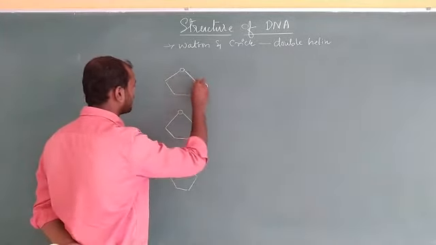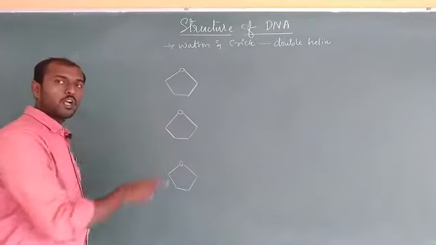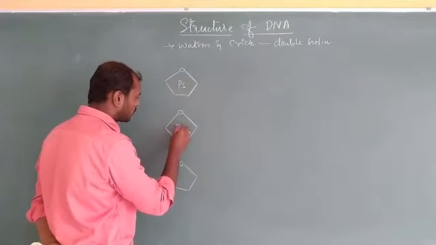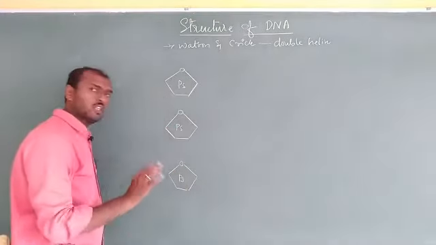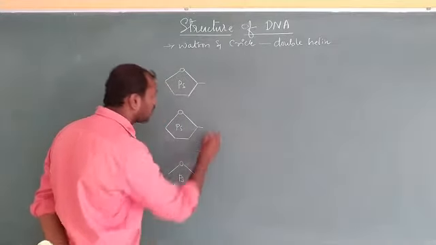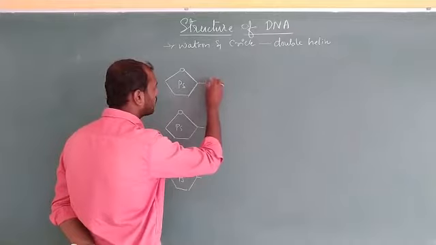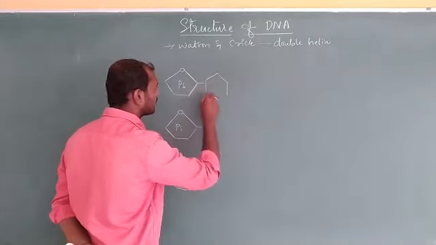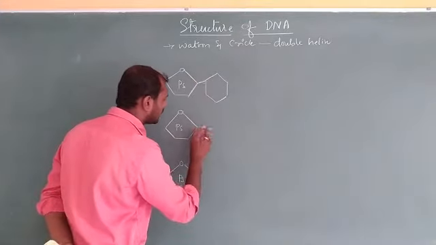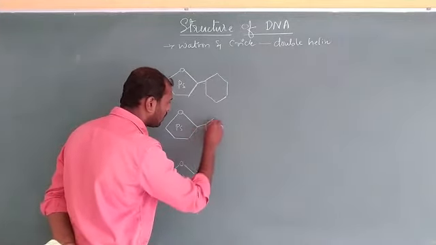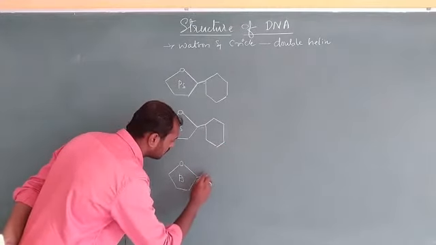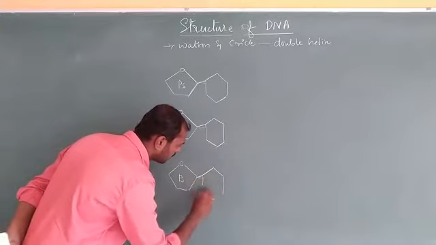These are what we call nucleotides. Here we have a pentose sugar first. This one is pentose sugar. These three are pentose, so let's take three only. The pentose sugar is connected with any one type of purine or pyrimidine nitrogen base.